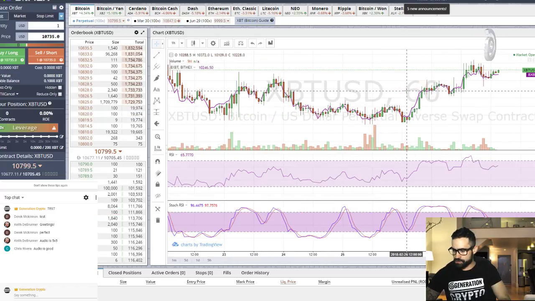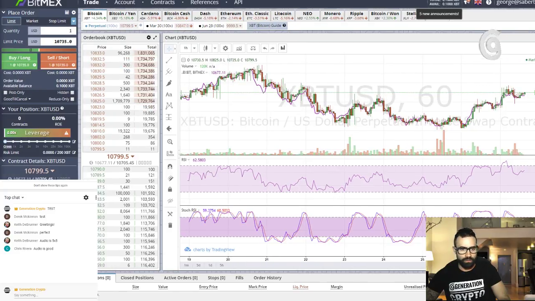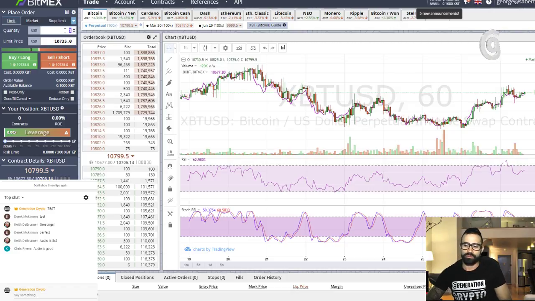And just dive into somewhat of how to use BitMEX, right? Over on this side is where we place the orders. One contract is the equivalent of $1 US, and this is where we apply leverage. So let's say I wanted to open a $5,000 position on leverage. I'd go here and put in 5,000.